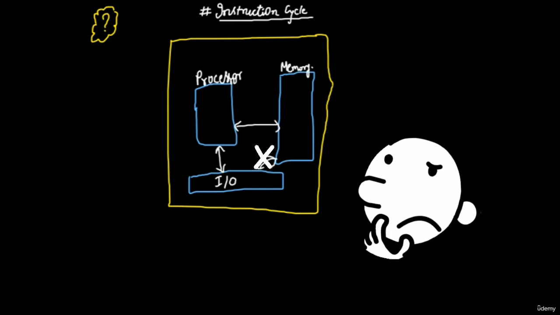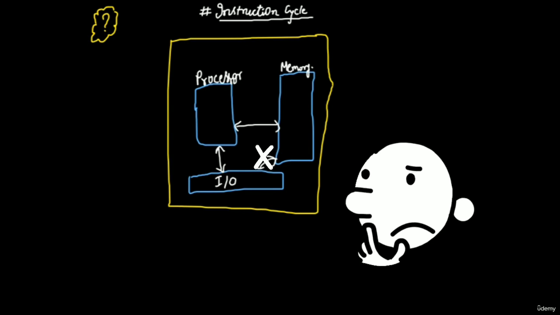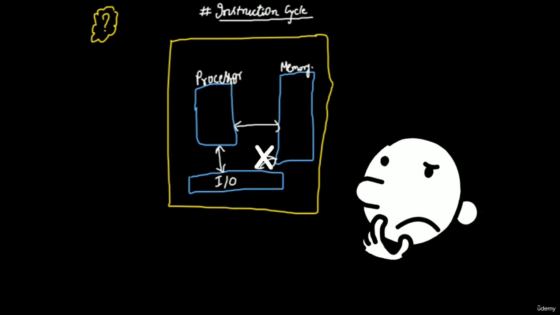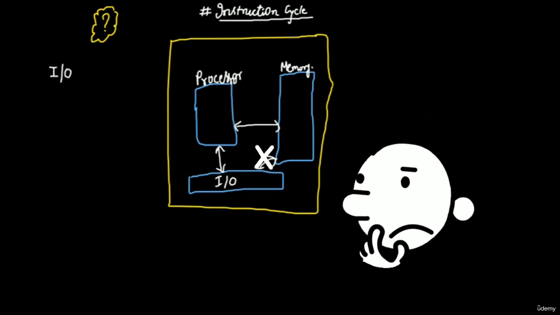Now, what is the instruction cycle? Well, in the instruction cycle, you need to understand just these three things. That's it. So we will be very clear about what is doing what. So input and output, what do they do?